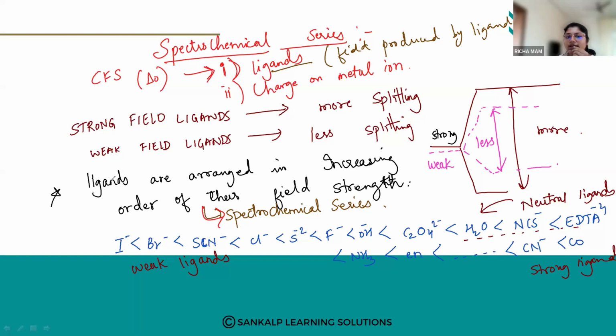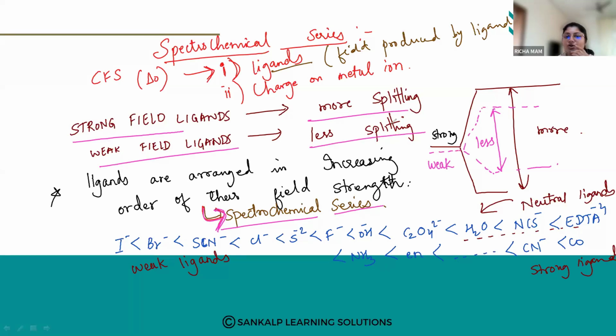So what do you mean by spectrochemical series? When the ligands are arranged in the increasing order of the field strength, then this series is termed as the spectrochemical series. So depending upon the ligands, the splitting takes place. If it is a strong field ligand, splitting will be more. If it is a weak field ligand, it will be less.